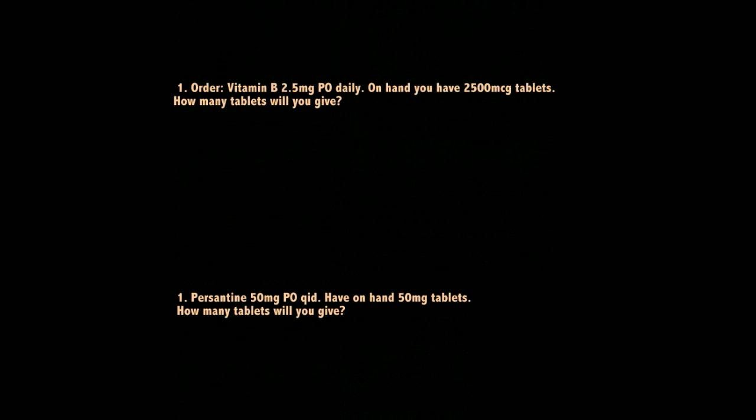That's not as simple. On this one, you have milligrams. The doc says, give them this many milligrams. Well, when the pharmacy sends them, they send them in micrograms. So you're going to have to start off converting your micrograms to milligrams, and then get your final answer in tab.